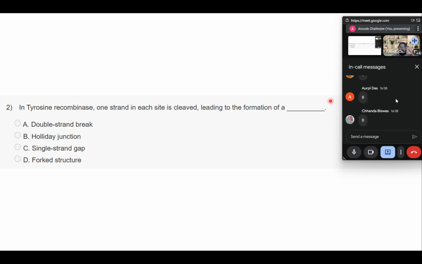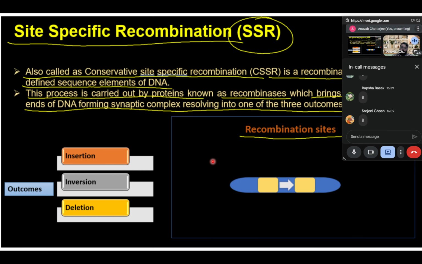Responses are coming in. Orupi and Chanda both say it is B, holiday junction. Anyone else? Rupsha also says it is B, holiday junction. Let us look at it.